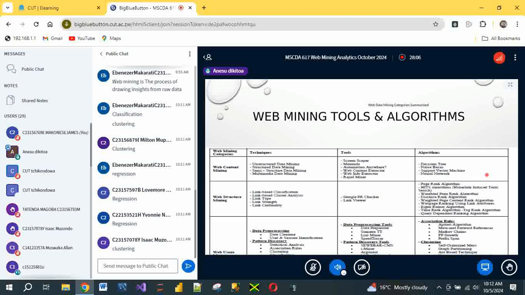Then web usage mining, we have the apriori algorithm, the Markov chains, the FP growth. We have the self-organizing maps and the graph partition and many, many others. So I'm going to share with you these slides so that the text that is not visible, you can always see it when you open your slide.